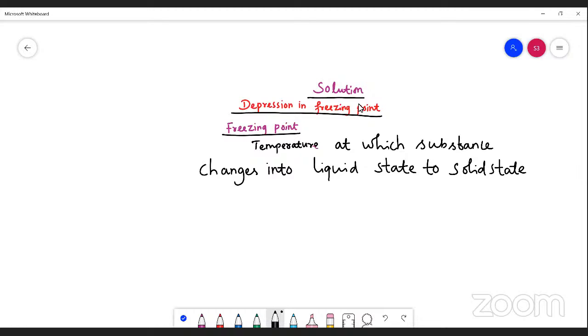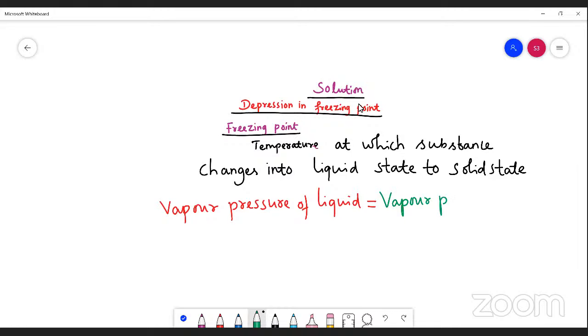The freezing point is nothing but a temperature at which the vapor pressure of the liquid state is equal to the vapor pressure of the solid state. So the vapor pressure of a solid and the vapor pressure of a liquid should be equal.